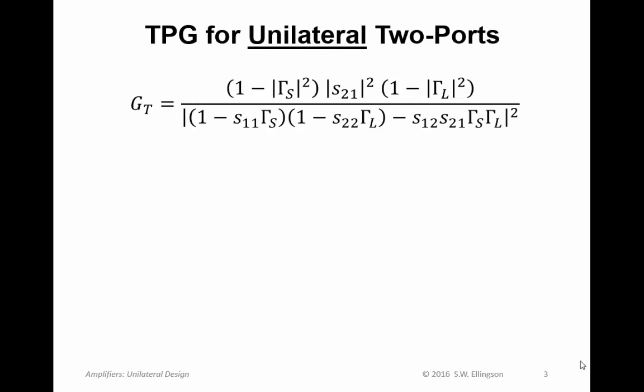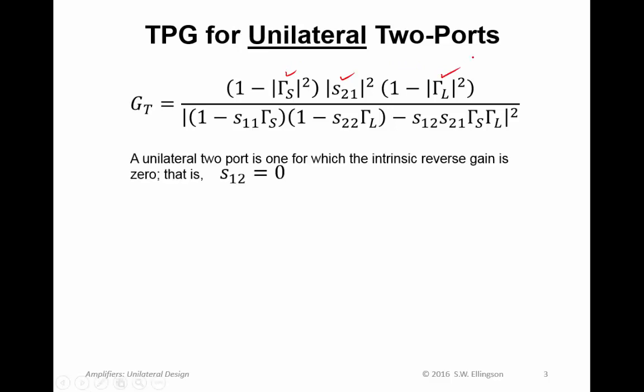So recall that the transducer power gain for a two-port, regardless of whether it's unilateral or not, looks like this. This is the general expression given in terms of the S parameters, the source impedance, and the load impedance. A unilateral two-port is one for which the intrinsic reverse gain, that is S12, is equal to 0.